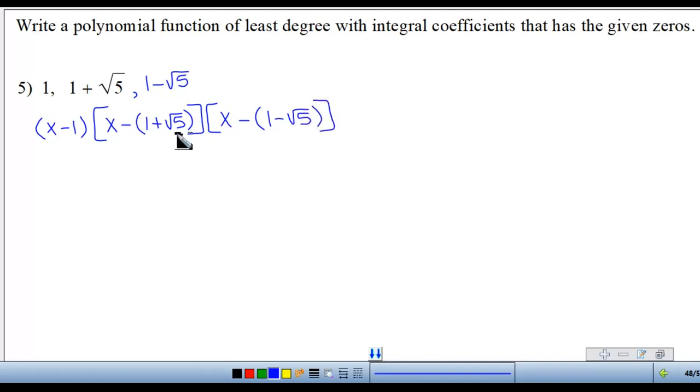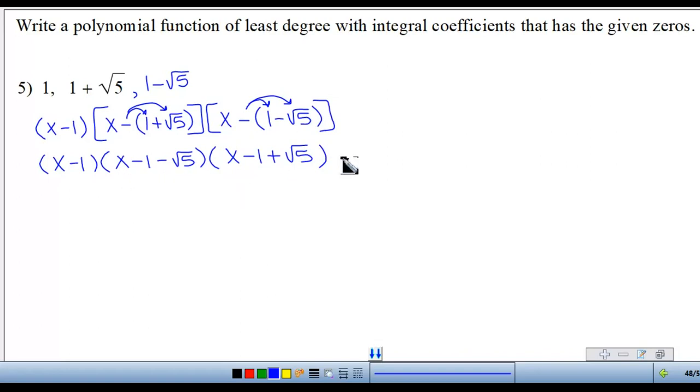I'm going to clean up these two factors by distributing my negative to both terms. Now I'll write everything with parentheses. The first factor will become x minus 1 minus square root of 5. The second factor, x minus 1 plus square root of 5.